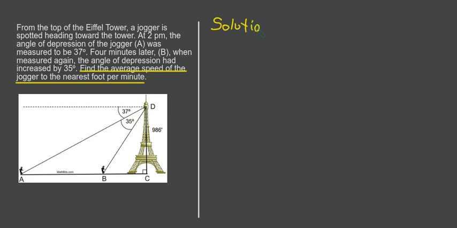In first place, how can we find an expression here in order to answer this question, the average speed? Well, by definition, the average speed of an object is the displacement divided by the time elapsed.